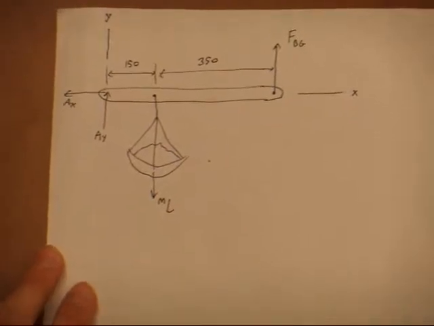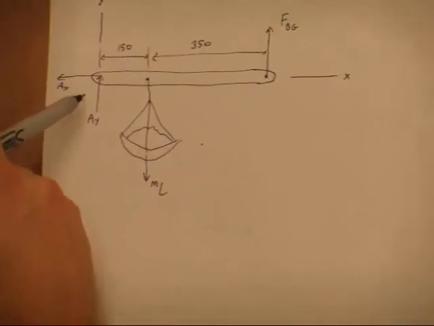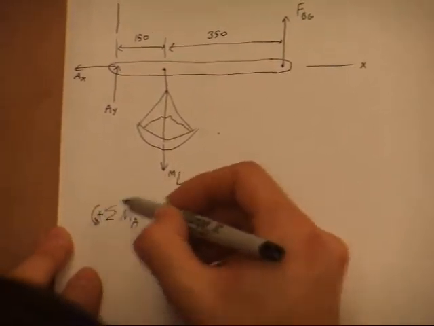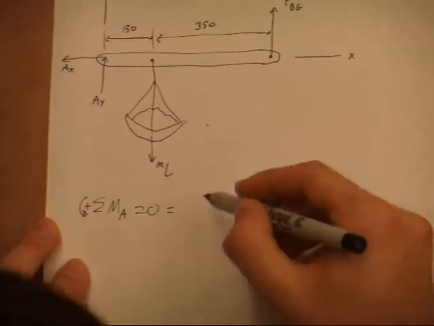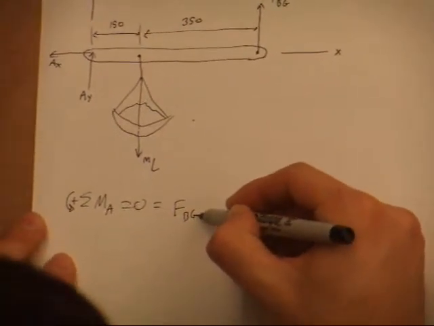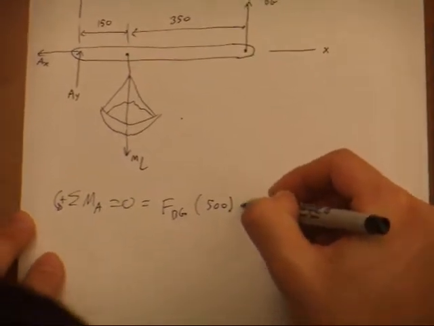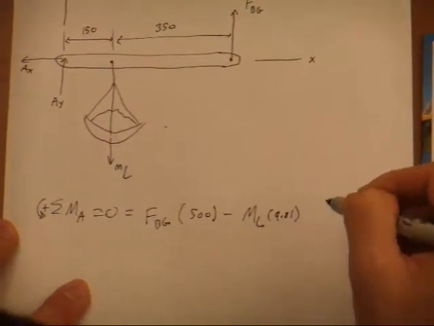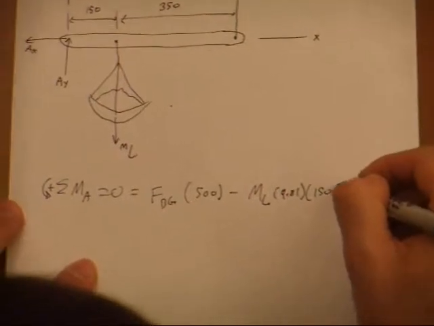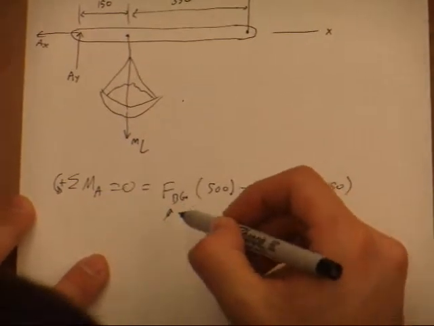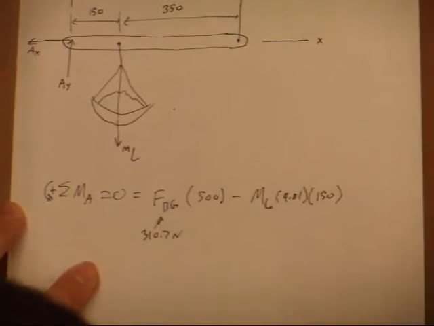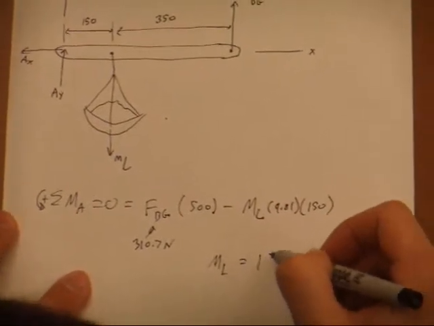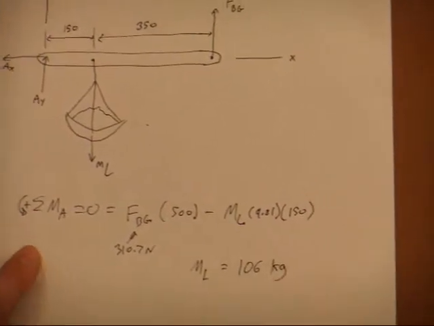So to cancel out the reaction forces, it's convenient to do a moment around A, which equals 0, and that equation works out to be F_BG, which we know, times 500 millimeters minus the mass of L times 9.81 meters per second squared times 150 millimeters. And F_BG is 310.7 newtons. And when you work that out, the mass of L equals 106 kilograms.